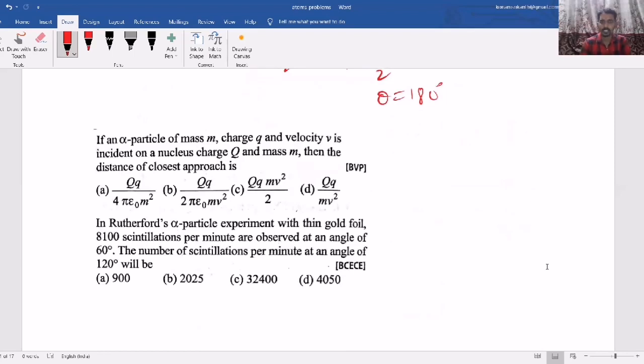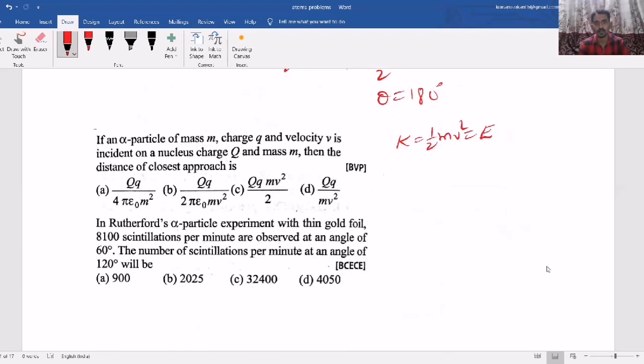Now, because the very first kind of questions we discussed were based on Rutherford alpha scattering. Now if an alpha particle of mass m, charge q and velocity v, so mass m, velocity v means its kinetic energy will become ½mv², or we can represent it with E also.